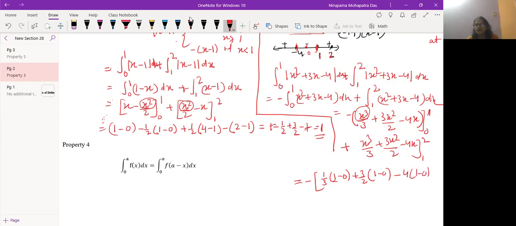Now the second term is 1 by 3 from 1 to 2, so 8 minus 1, plus 3 by 2 into 4 minus 1, minus 4 into 2 minus 1.